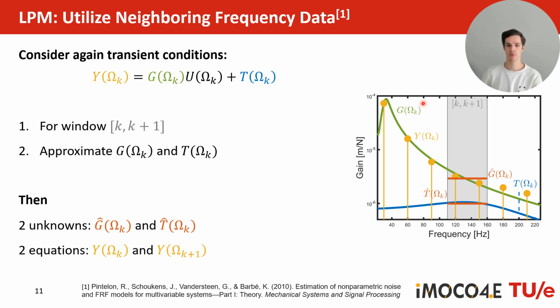Now we can approximate the output in this window using two unknowns, our approximated system G hat and our approximated transient. But because we created this window, we now have two data points: Y at the frequency K, but also Y at the frequency K plus 1. So the number of unknowns is equal to the number of equations, and our mathematician in us would say this system of equations is solvable.